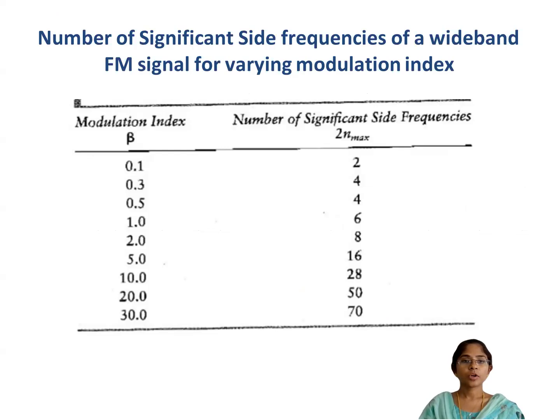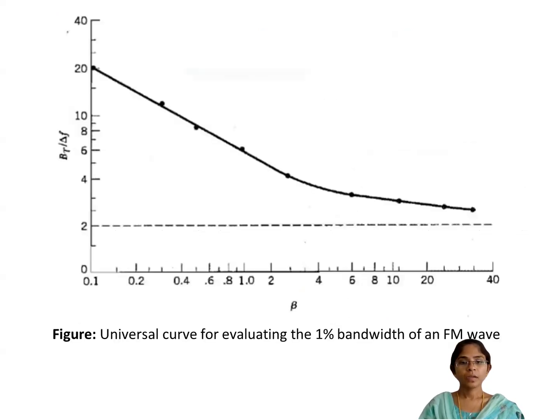This is the modulation index beta, and the corresponding number of significant sideband frequencies is given here. For 0.1, it is 2. For 0.3, it is 4, like that. If you take a beta value of 30, the number of significant sideband frequencies is 7.